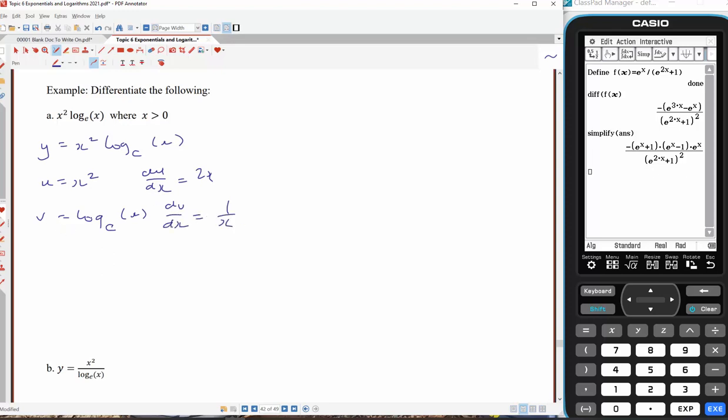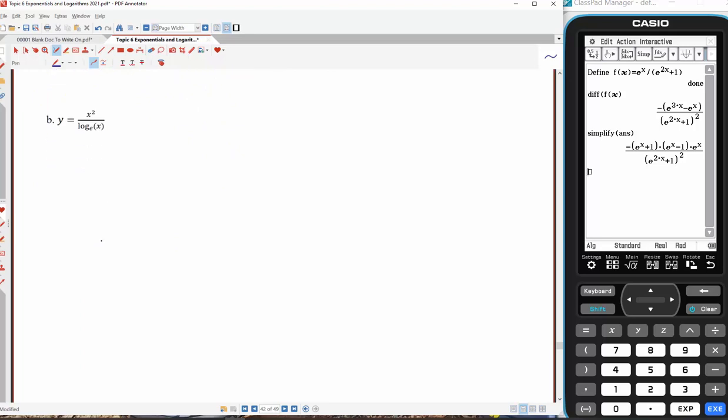The rule is on your formula sheet. So dy/dx is u dv/dx, so those multiply, which is x squared over x, which just leaves us with x, plus that multiplied by that. Pretty easy one, that one.